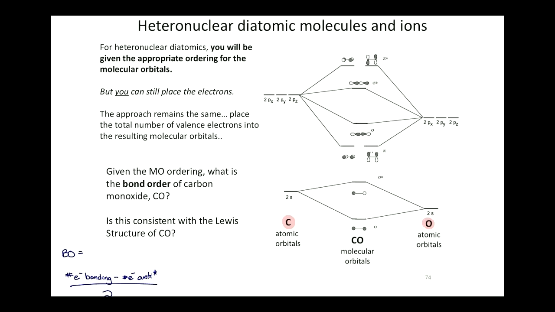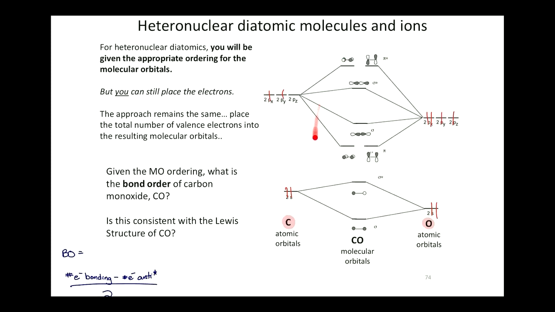How many valence electrons are in carbon? 4. How many valence electrons on oxygen? 6. I did it out of order and did not follow the Aufbau principle, but there are 6. So how many total valence electrons are coming from carbon and oxygen? 10.